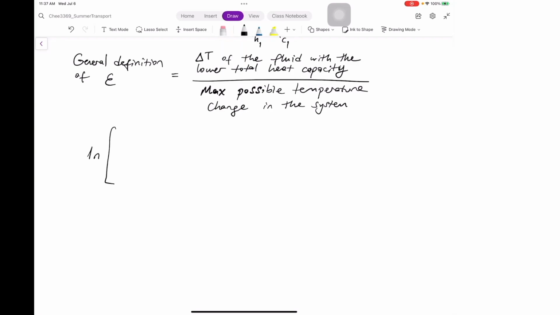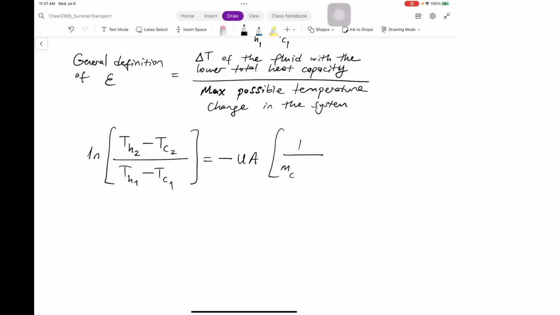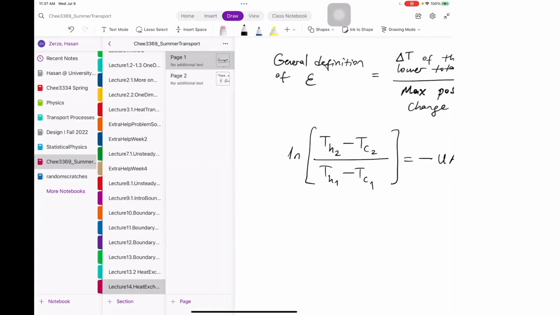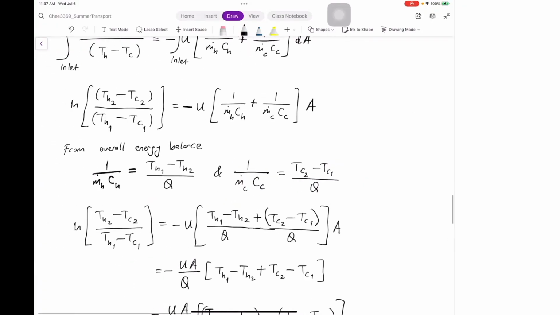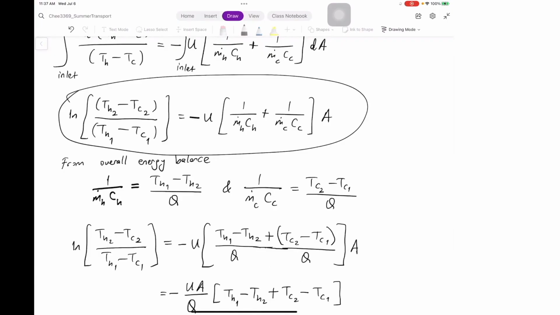Logarithm of (T hot 2 minus T cold 2) divided by (T hot 1 minus T cold 1) is equal to negative UA times (1 over M dot C times C_C plus 1 over M hot dot C hot). This is this equation. Let me just refer. Yeah, exactly. So it's this equation that I'm reusing.